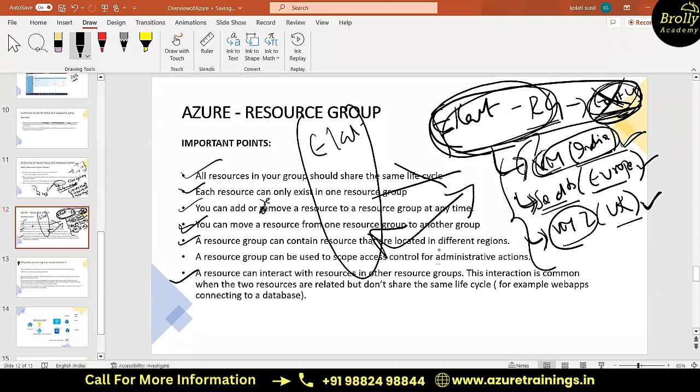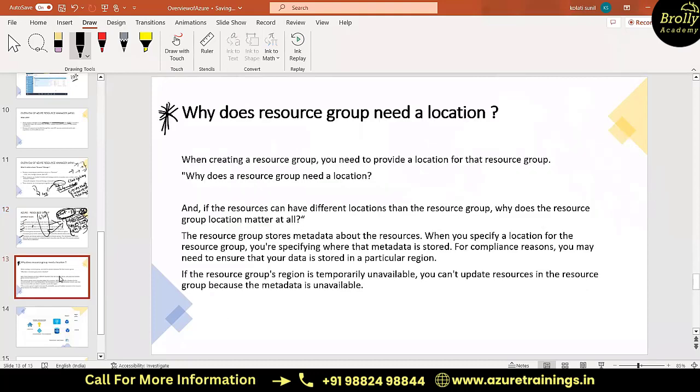Because East US is nowhere dependent on India, Europe or UK. We can simply place all these resources in the resource group without location. So what is the importance of the location here? They are going to ask, why does the resource group need a location?